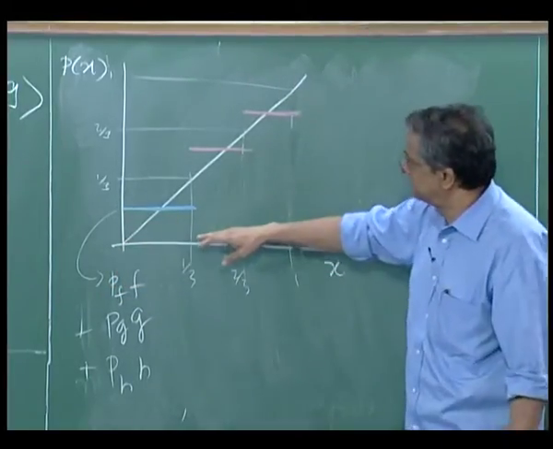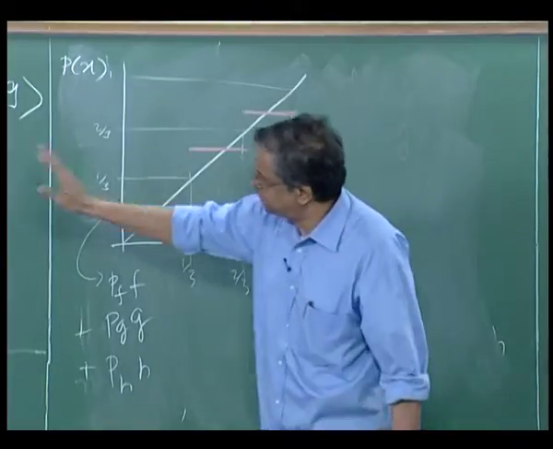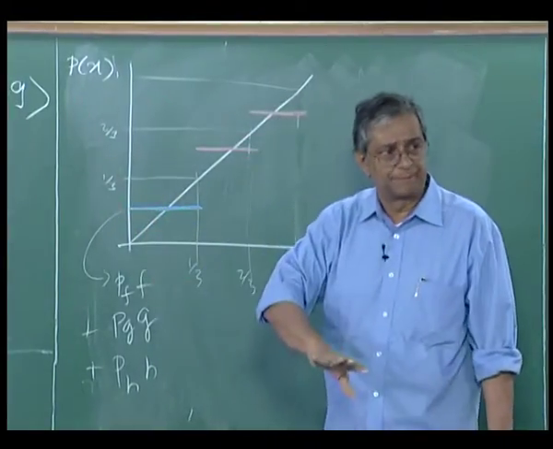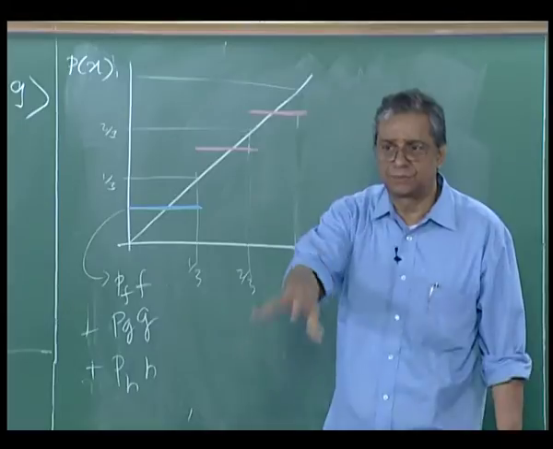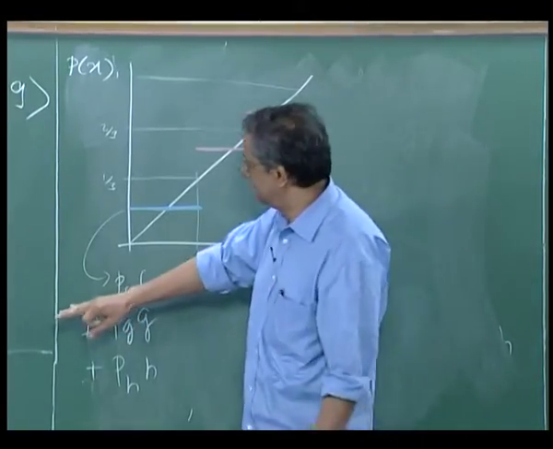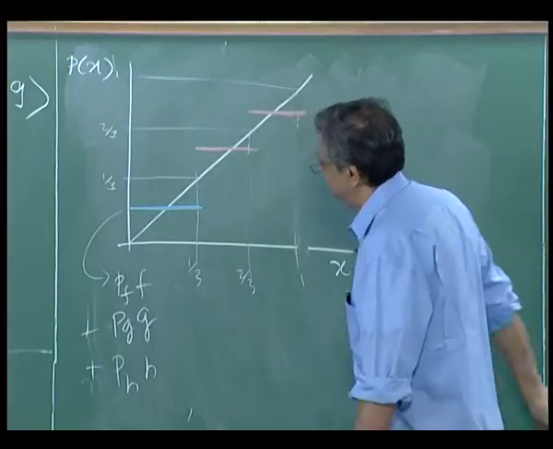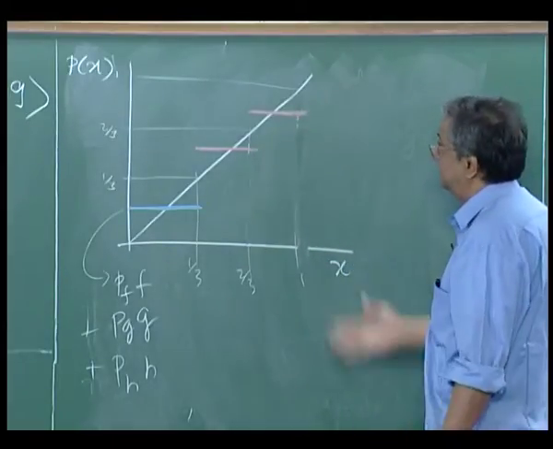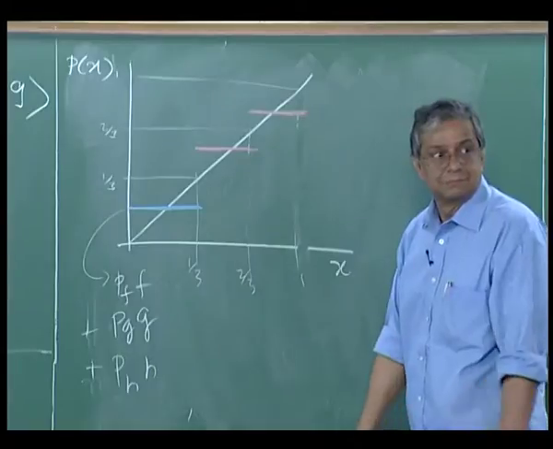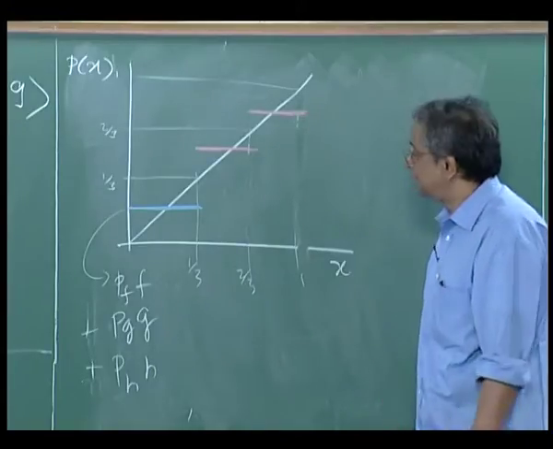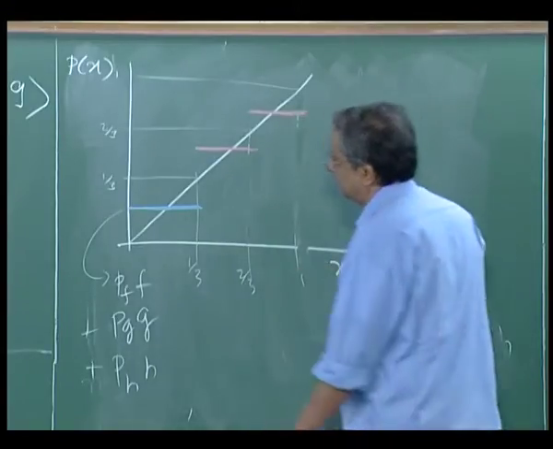But the fact of the matter is that I went through the formal process, I projected the functions onto the box functions, and what do I have? I basically have a function here which supposedly represents this properly. Take a closer look.